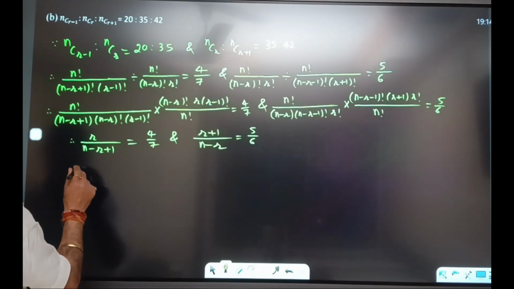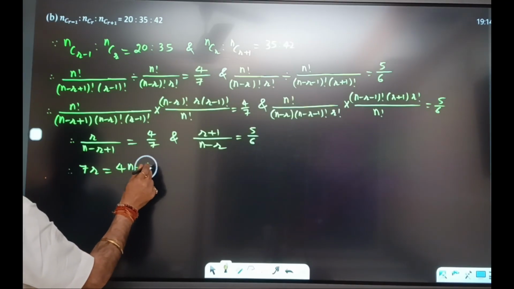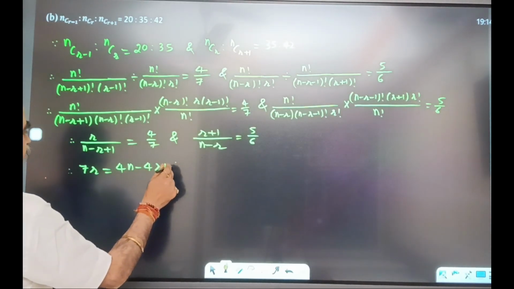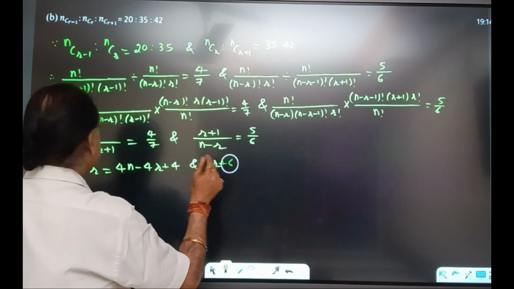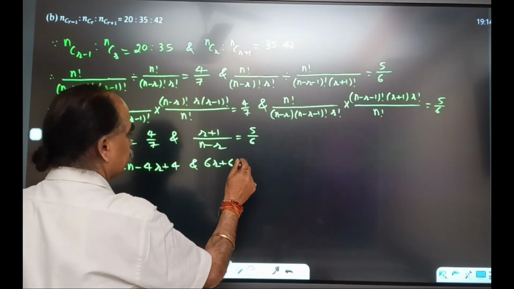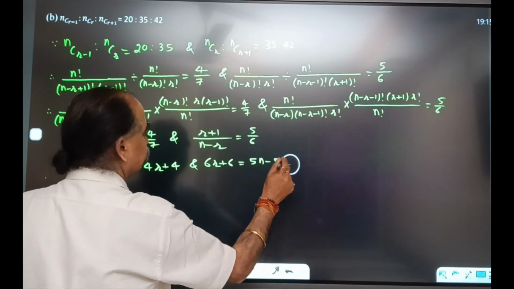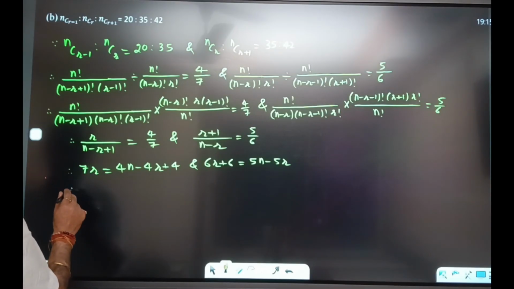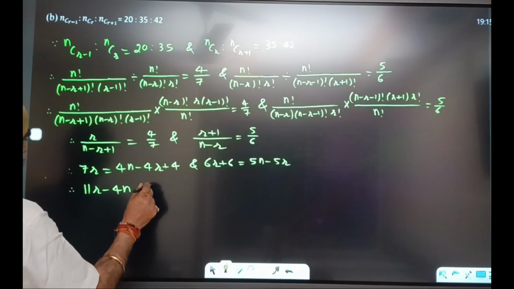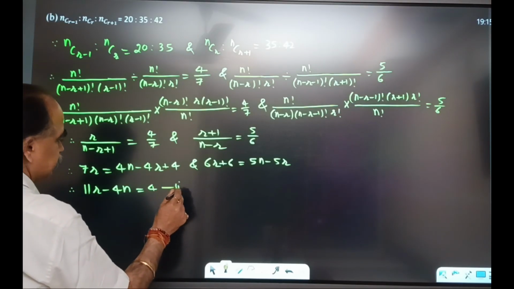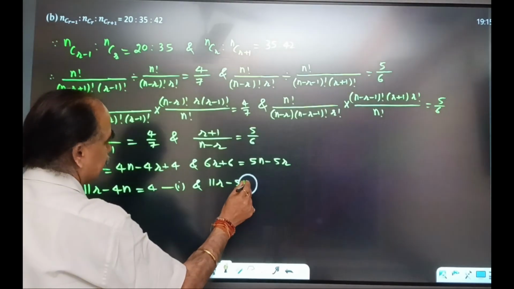Cross multiply, so 7r is 4n minus 4r plus 4, and 6r plus 6 is equal to 5n minus 5r. So 11r minus 4n is equal to 4, equation 1, and 11r minus 5n is equal to minus 6, equation 2.